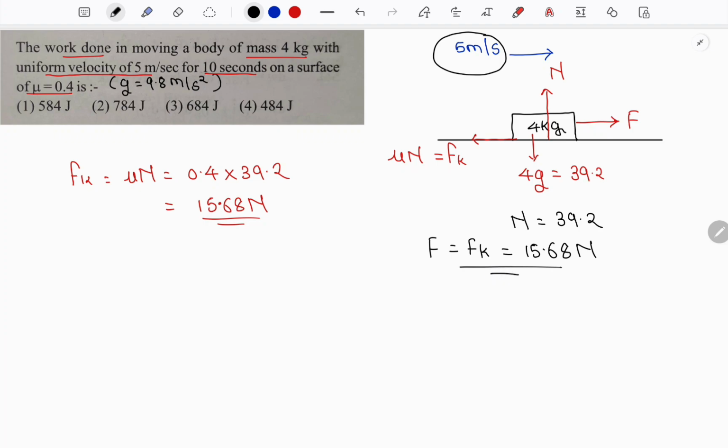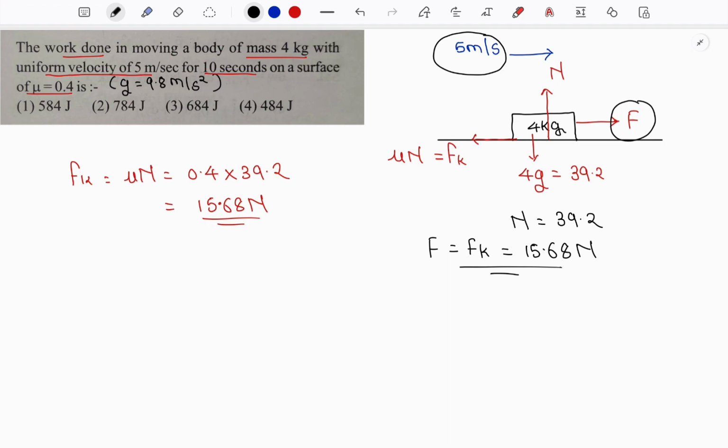Now they are asking us to find out the work done in moving a body with a constant velocity. That work done is nothing but the work done by this force, because the right hand side force is opposing the friction and cancelling out the friction, which is giving net acceleration 0, and the velocity then remains constant.